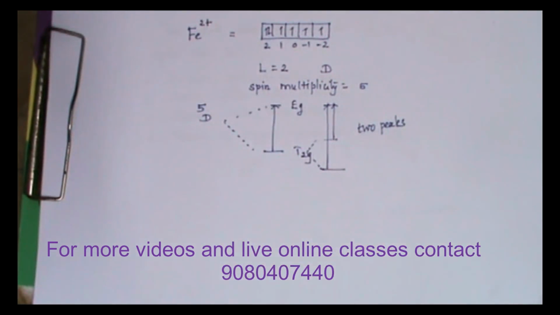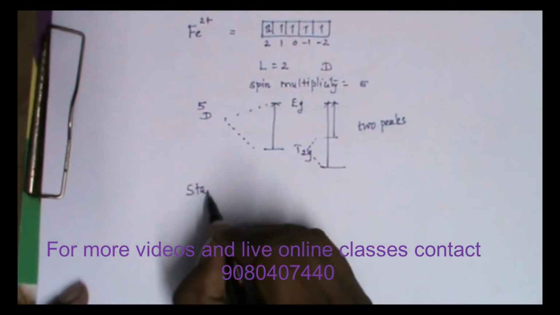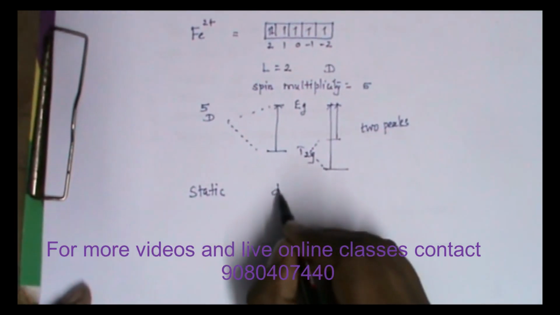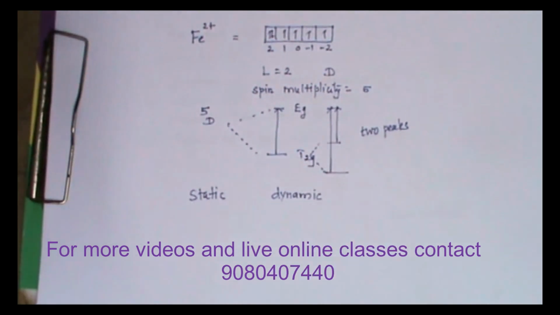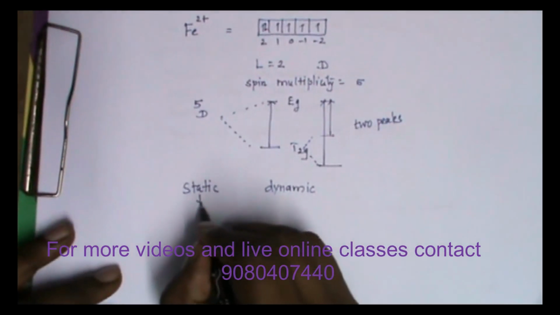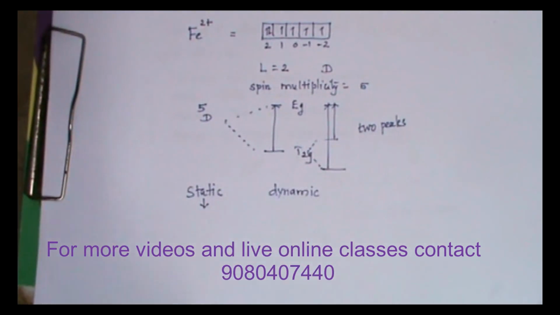Now we have to find out whether it is because of static Jahn Teller distortion or dynamic Jahn Teller distortion. What is the difference between these two? Static will be somewhat permanent. It is possible to find out the elongation of the z-axis. In octahedral geometry, all the 3 axes will have the same length.